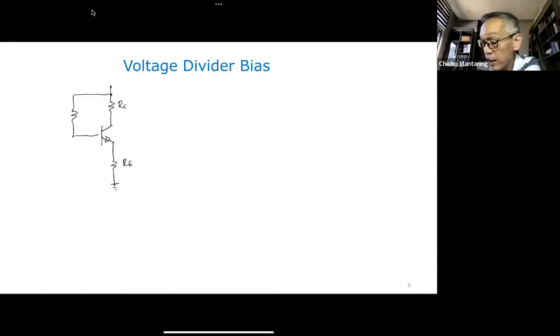Okay. I'm going to change the name. Instead of RB, I'm going to call this R1. Okay. So this is VCC. In the voltage divider bias, I'm just going to add one resistor to this configuration, and that's here. That's going to be R2.